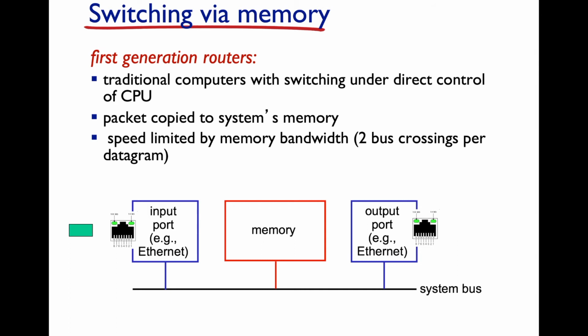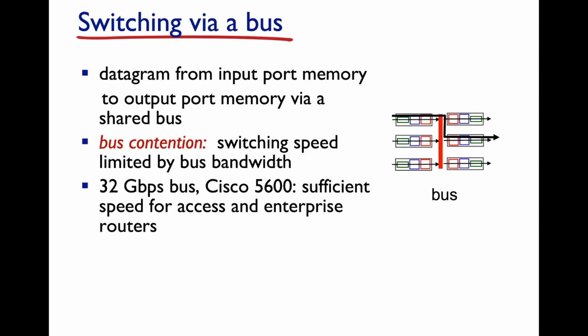The speed limit was limited by memory, and you cross the system bus twice in order to do your switching. You go from the input across the bus to memory, and then from memory across the bus to the output port, from one interface to the other. So your packet would come in, queue up in memory, and then go out of memory to the output port for transmission, and you're done.